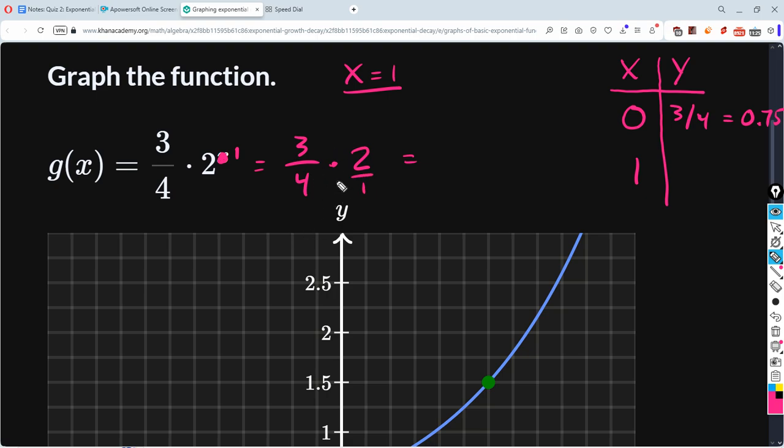And we're just multiplying fractions here. We can cancel. 4 divided by 2 is just 2. Okay, and we have 3 halves times 1, which is just 3 halves. So at x equals 1, y is 3 halves. And that's the same as 1.5. Okay, so let's go to the graph and just plot these 2 points.